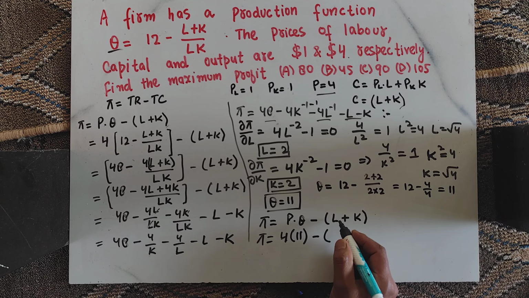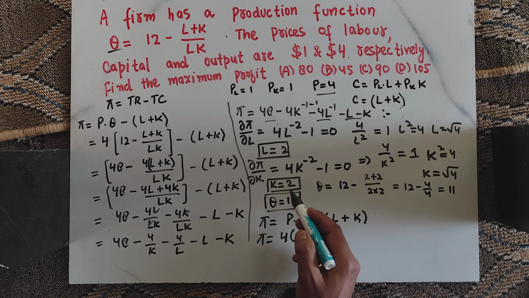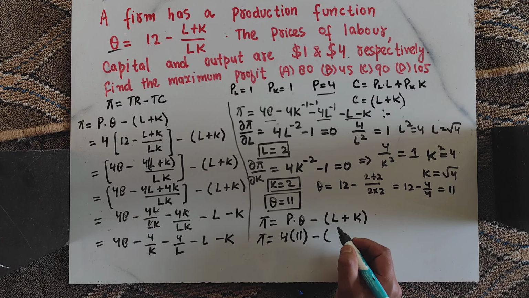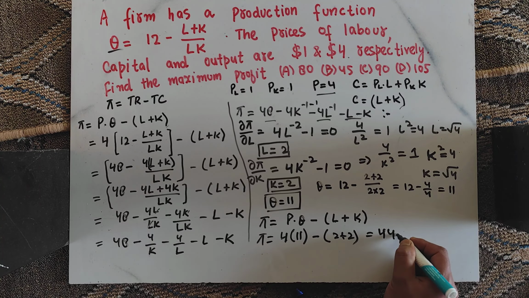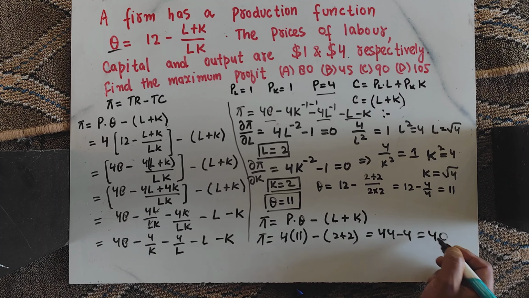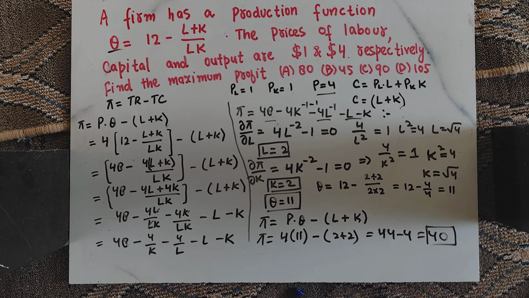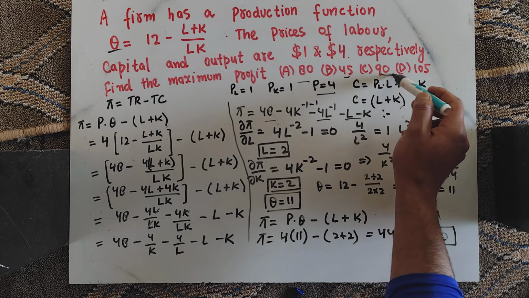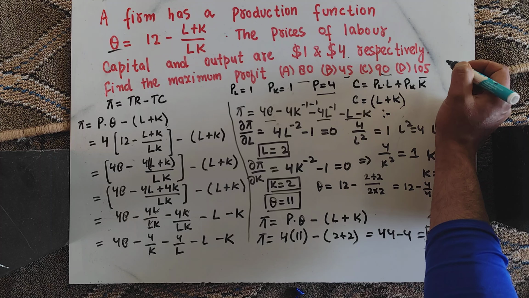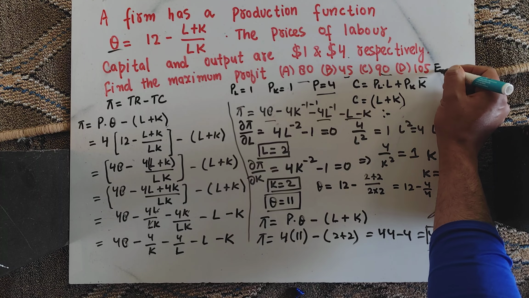From this we subtract the units of labor and capital we were supposed to employ, 2 + 2. So we get 44 - 4, which is equal to 40. That will be the maximum profit. We don't have 40 in the options, so we need to add option E, which is 40.